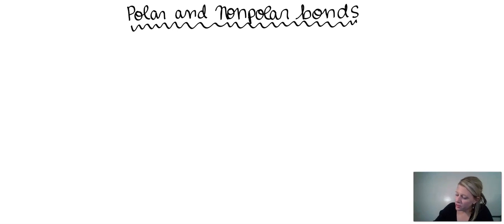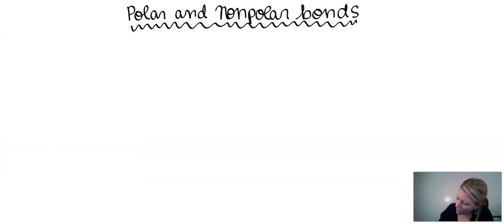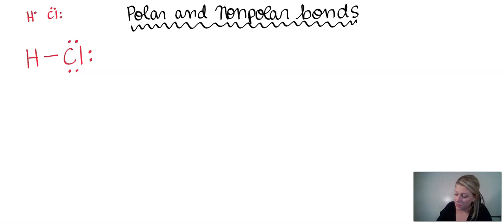The first thing I want us to do is take a look at an example of a covalent molecule. I'm going to sketch out hydrochloric acid, or HCl. When drawing these structures, remember it's important to consider your two atoms and how many bonds they can maximum form, how many lone pairs they start with, and how many lone pairs they should end with, as well as confirming that everybody's octet is satisfied.